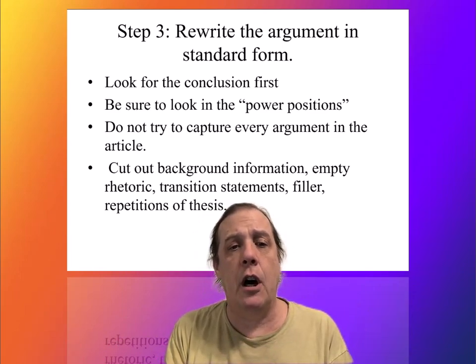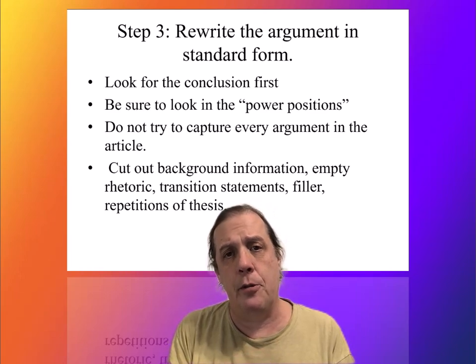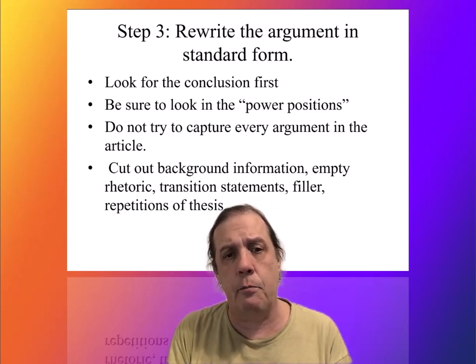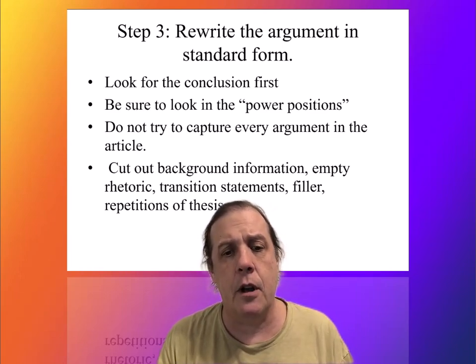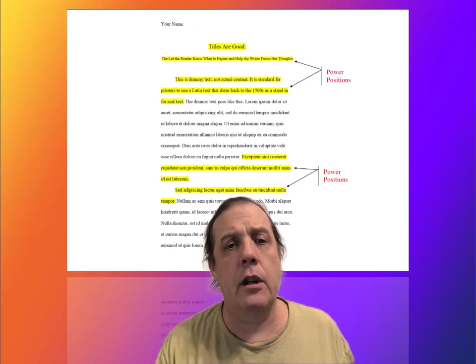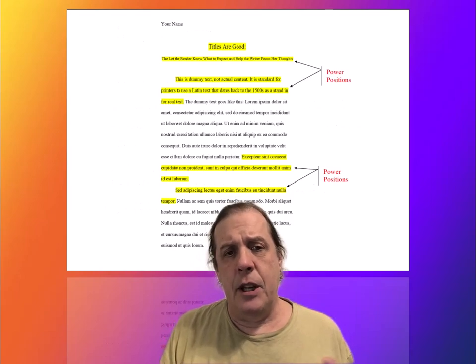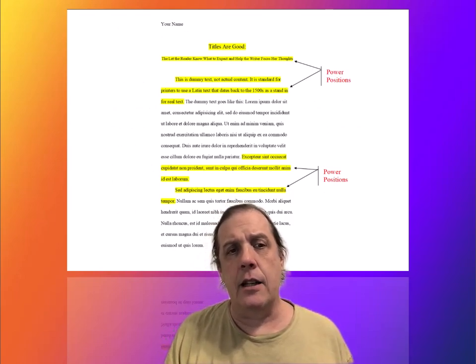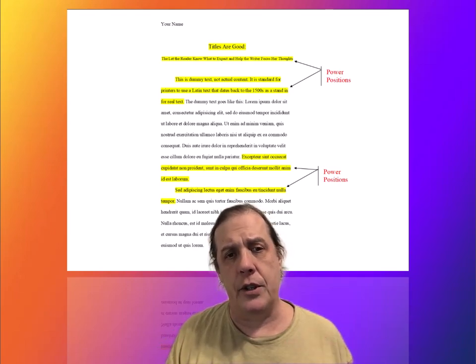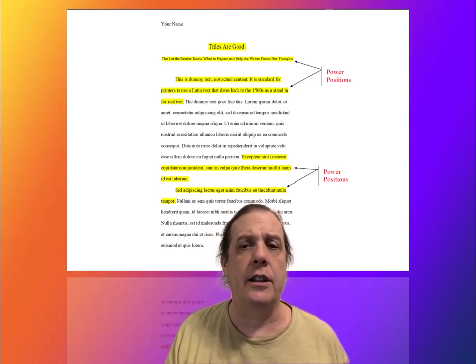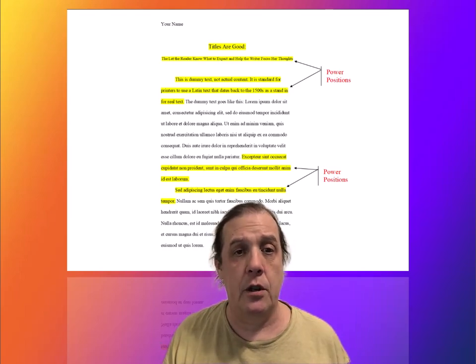If you're using a magazine article or a newspaper article or an online source, look for power positions. In any piece of writing, the beginnings and endings of things are what I call power positions. They're things that the audience tends to notice, right?